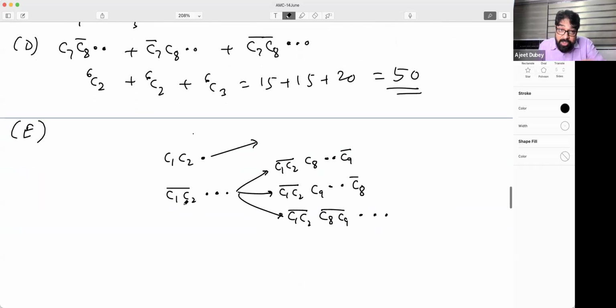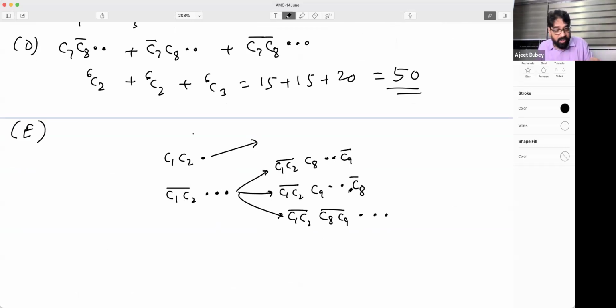But when C1, C2 is not there, what will happen? These 3 places filling will be the problem. So I make 3 cases. C1, C2 is not there, C8 is there and 2 other children, but C9 is not there. Bar means not there. C1, C2 not there, C9 is there, but C8 is not there.